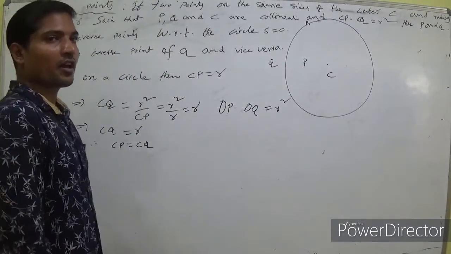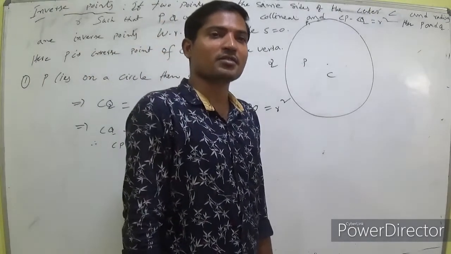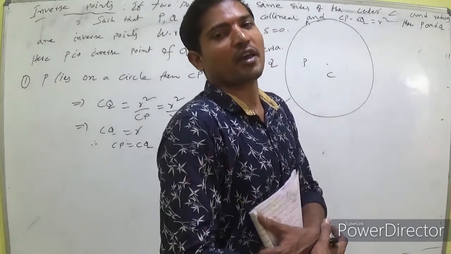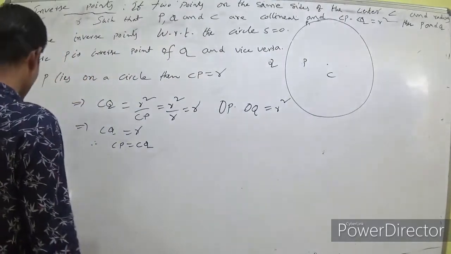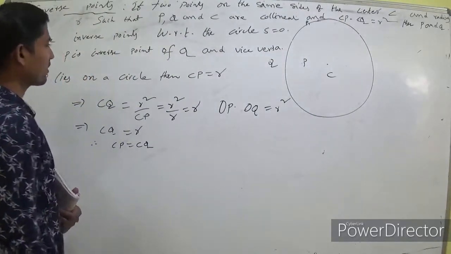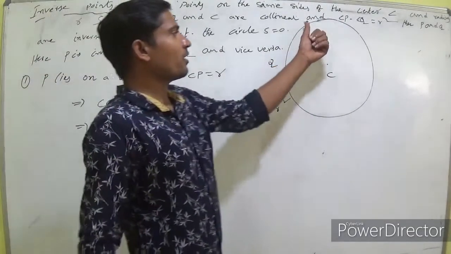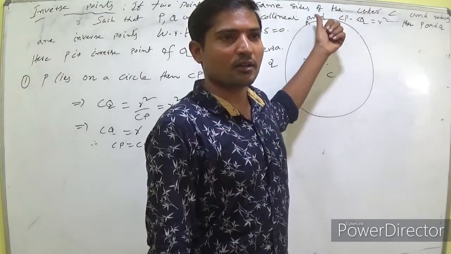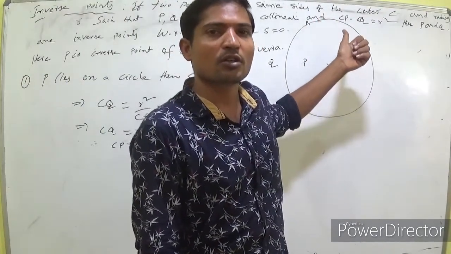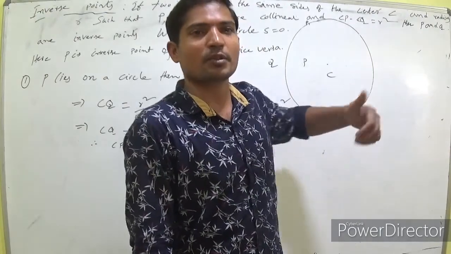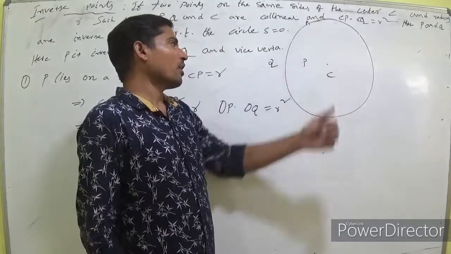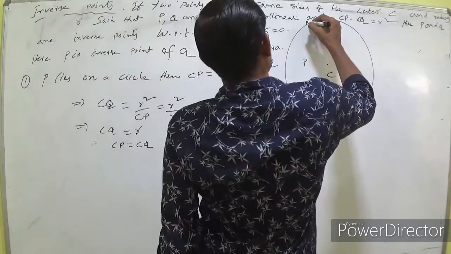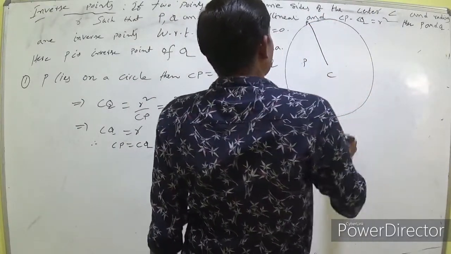Then every point on a circle is an inverse point of itself. Taking a point P on the circle, the inverse point of P is something, I assume it as Q. I know that CP is a radius of the circle.